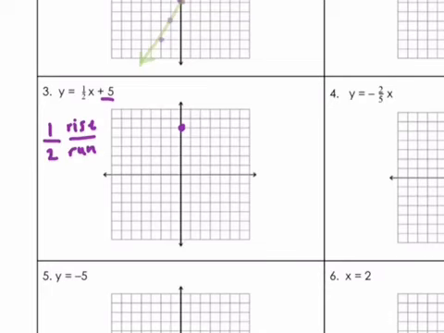So from our y-intercept, we're going to go up 1 and over 2. Up 1 and over 2. And then we're going to create the other half, so we'll go back to the y-intercept and go down 1 and over 2. And we have now graphed our line.